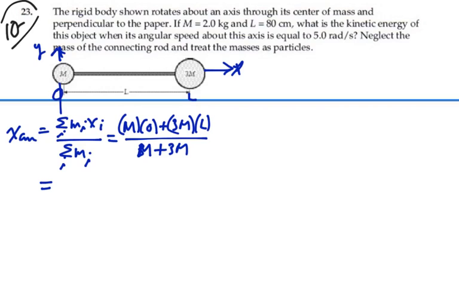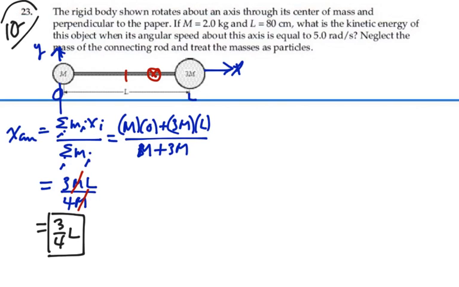So that's going to be equal to 3mL over 4m. The m's cancel out, and this will give us a center of mass of 3/4 L. So at 3/4 L, right here, we will have a center of mass, and that's our axis of rotation.